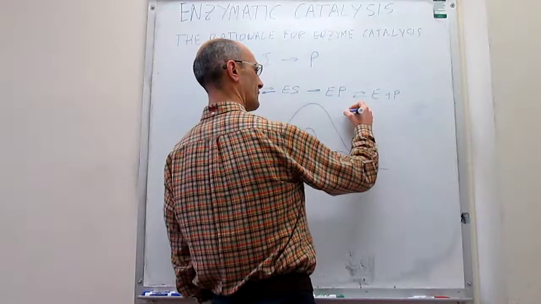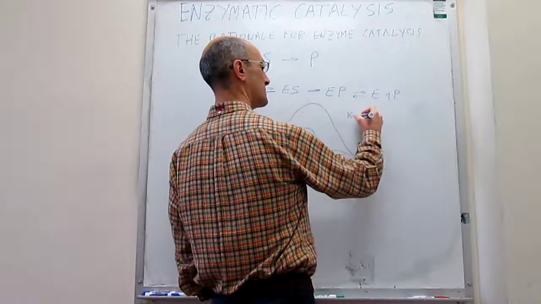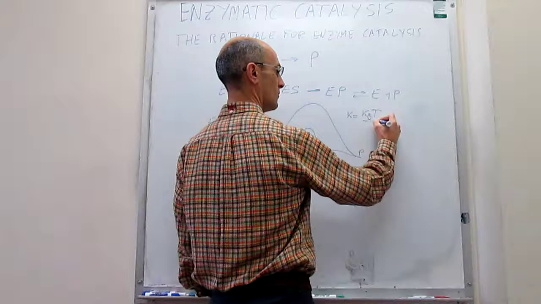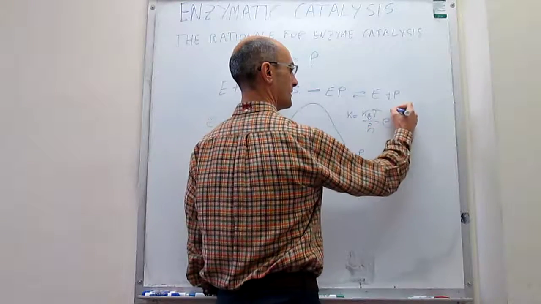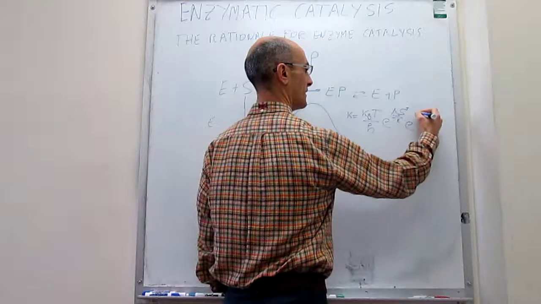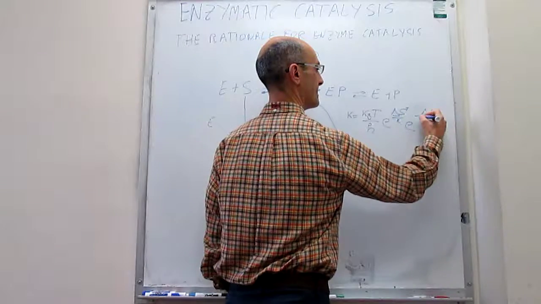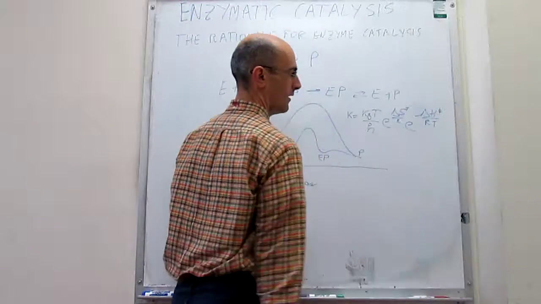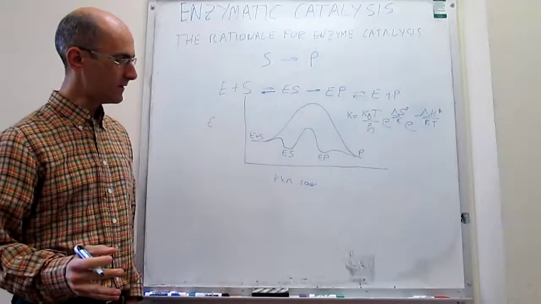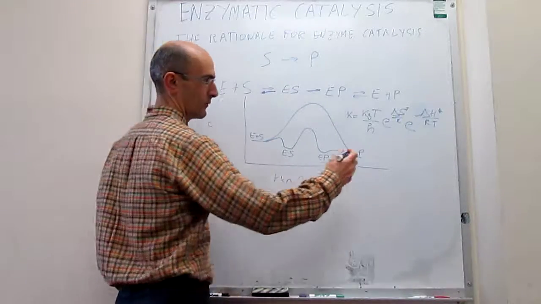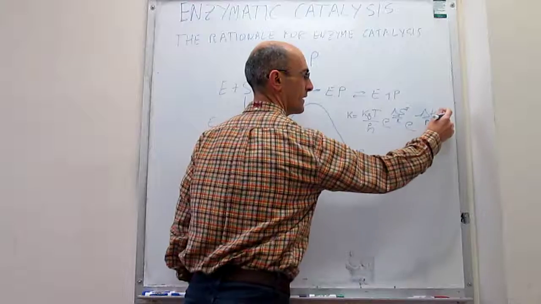Alright, so we know from transition state theory that the rate constant is equal to the following: k_B T over h, e to the entropy of activation over R, and e to the minus enthalpy of activation over RT. Most of the time, the way that we understand enzymatic catalysis is through this enthalpy term.